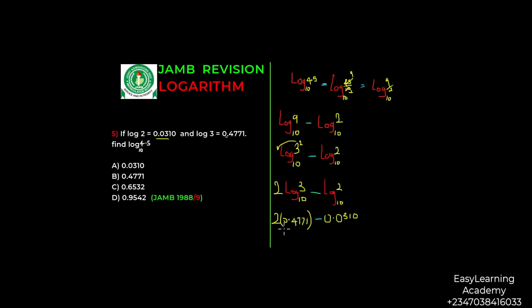If we multiply 2 times 0.4771, we simply have 0.9542.